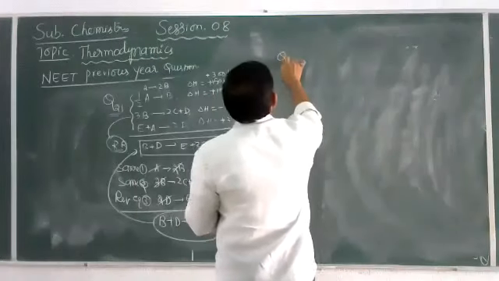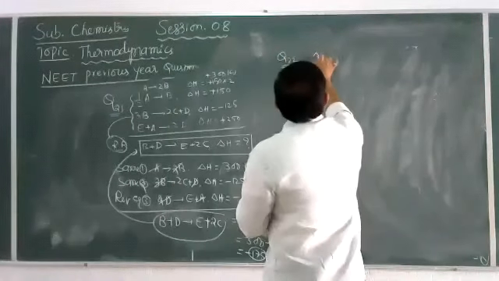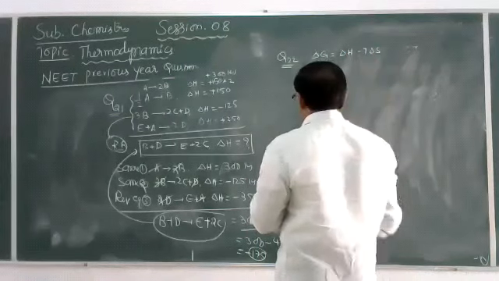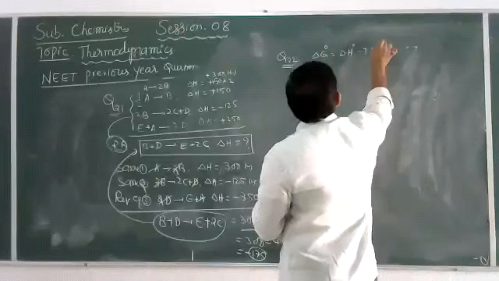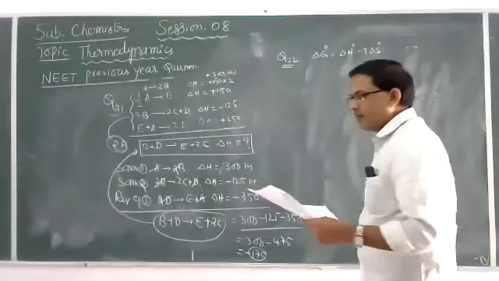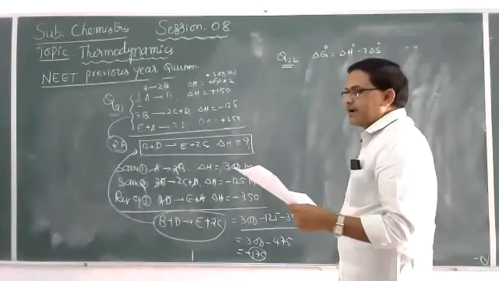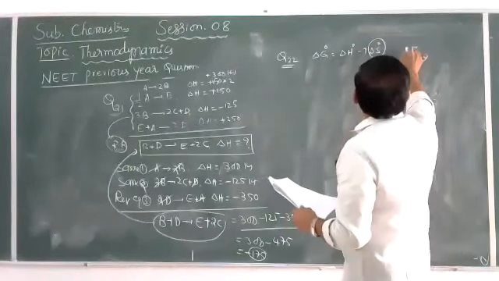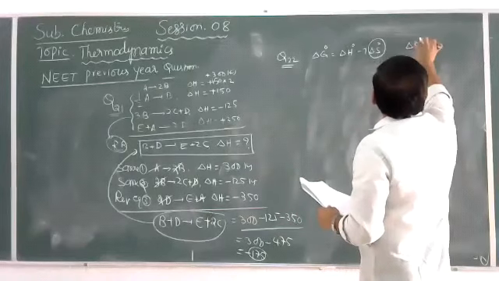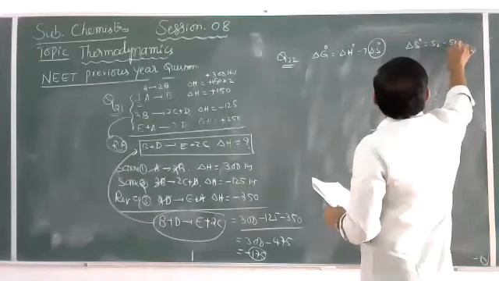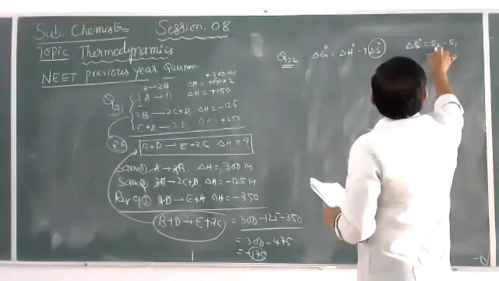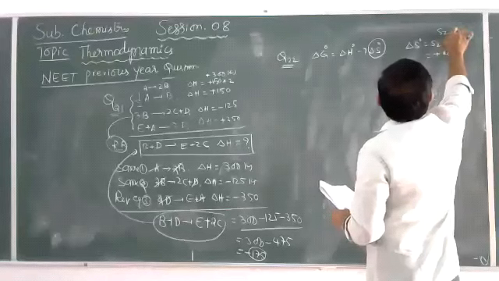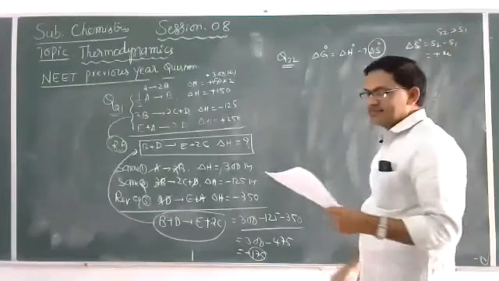Delta G is equals to delta H minus T delta S. Under standard conditions we can take it like this. Delta S naught value is S2 minus S1. If the product value is greater, we will get a positive value, here S2 is greater than S1.